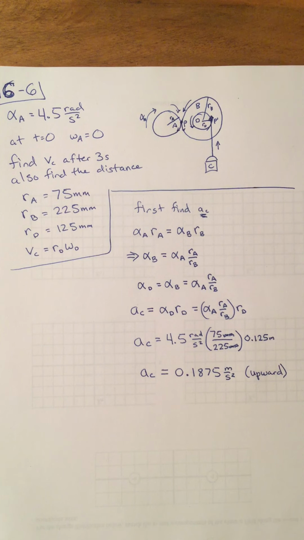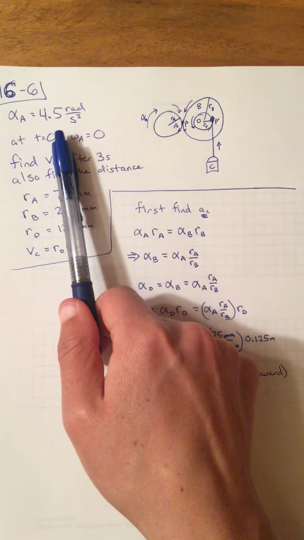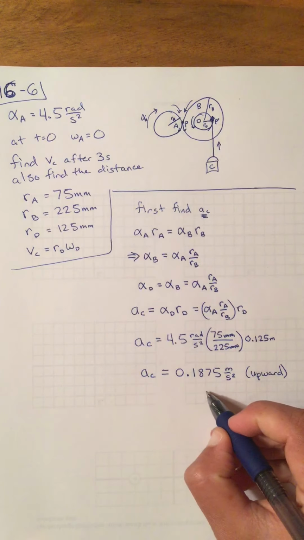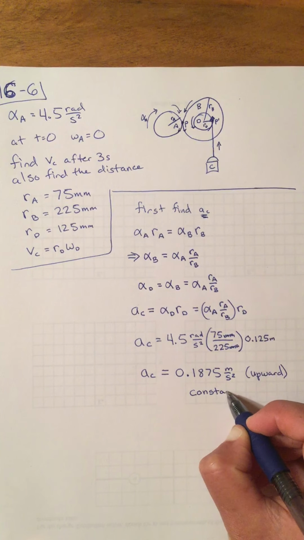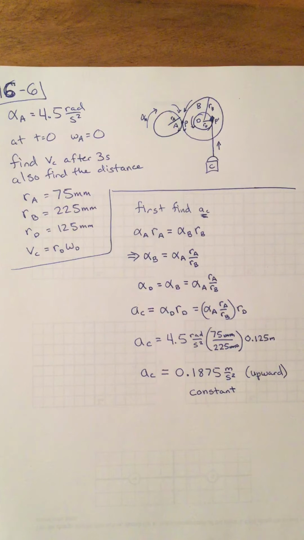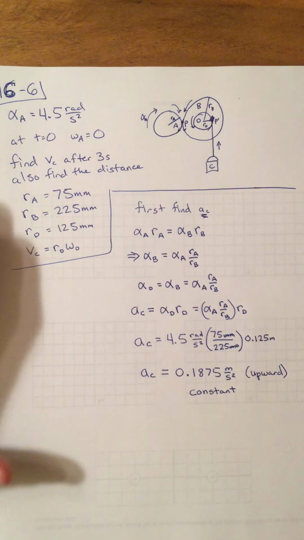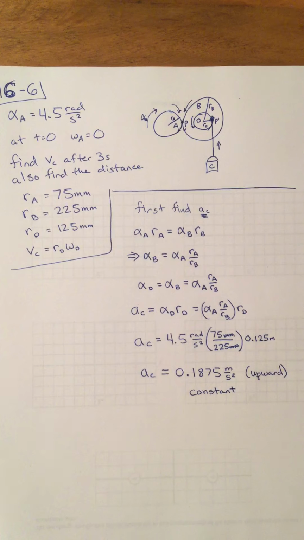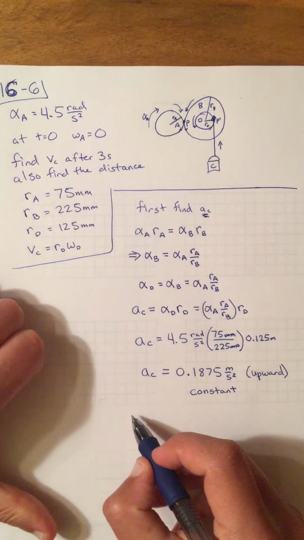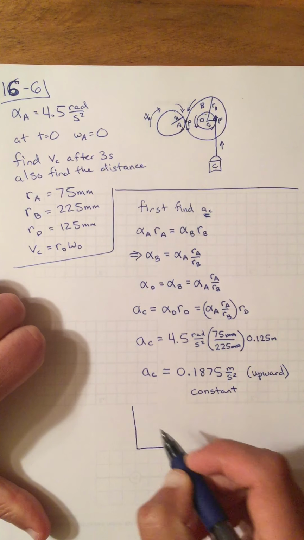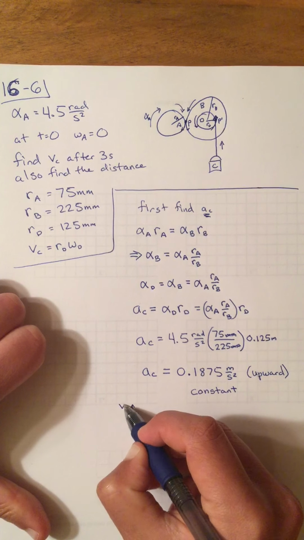I was asked to find the velocity of the cylinder after 3 seconds. Well, in the problem they told me that this angular acceleration was constant, so that means the acceleration of the cylinder is also constant. So I can use one of the equations from chapter 12, or I can draw a graph of velocity versus time.